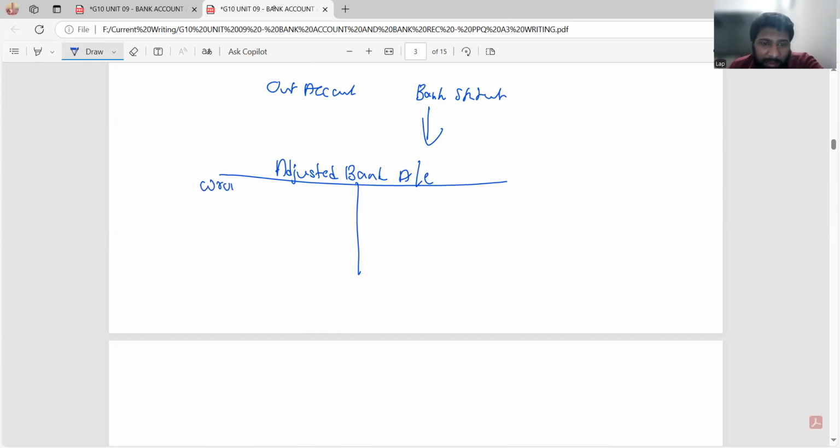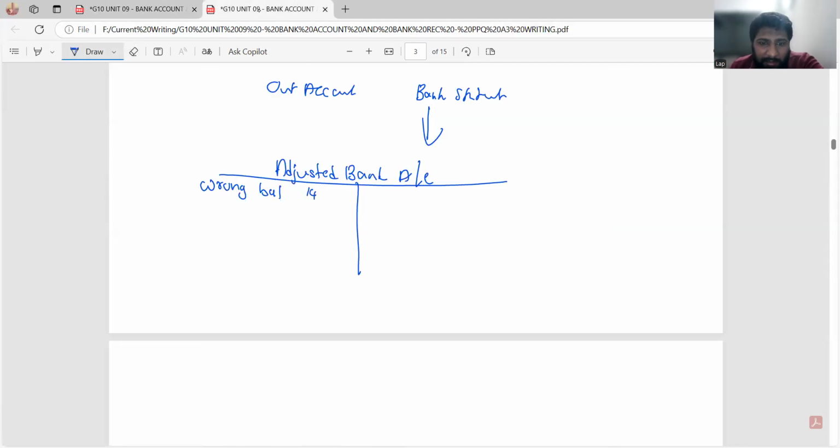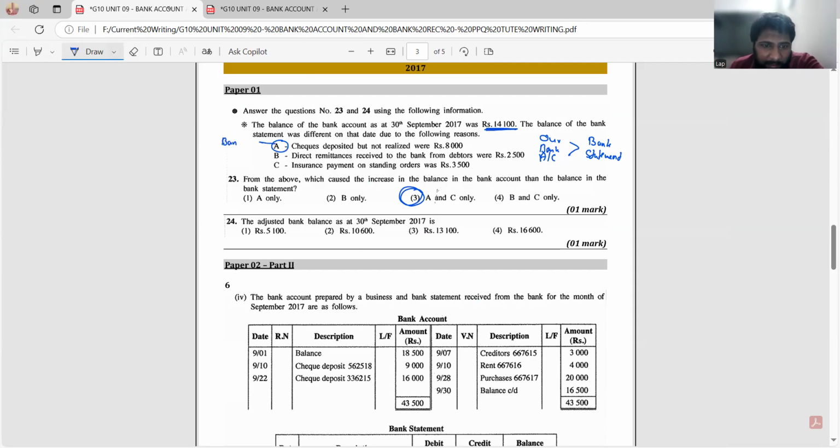I'll start with the wrong balance, 14,100. This one is going to the bank correctly. These two are not recorded in our accounts. Direct remittance received is not recorded in our account.